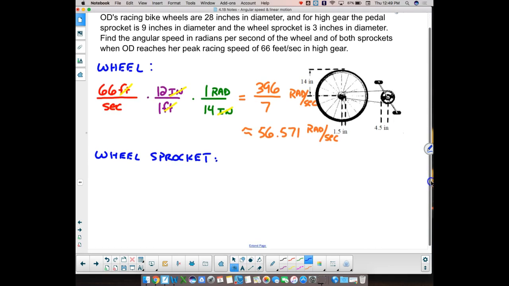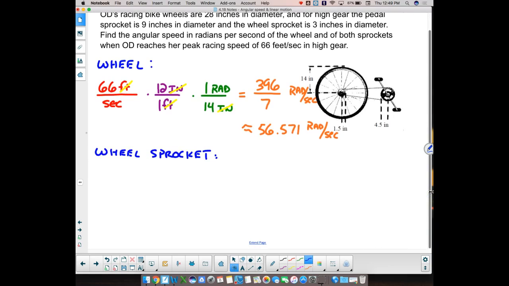How fast is the wheel sprocket angularly spinning? It's the same as the wheel.